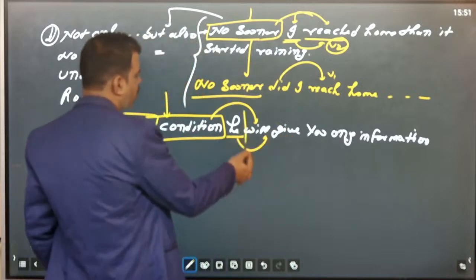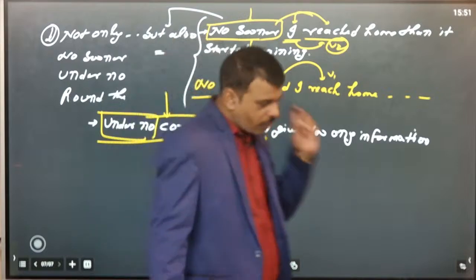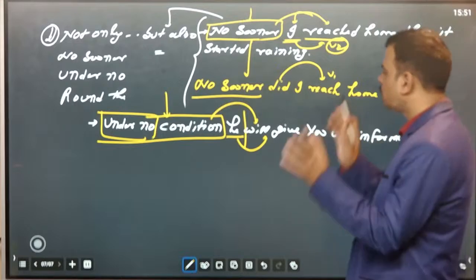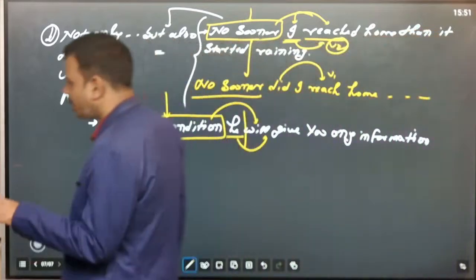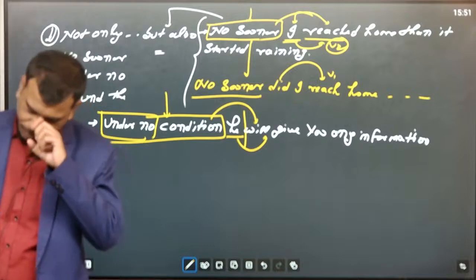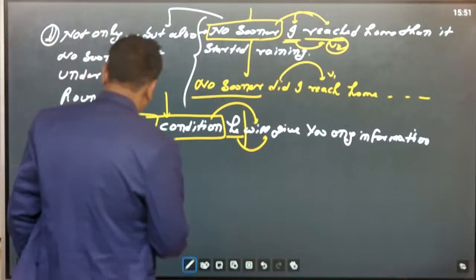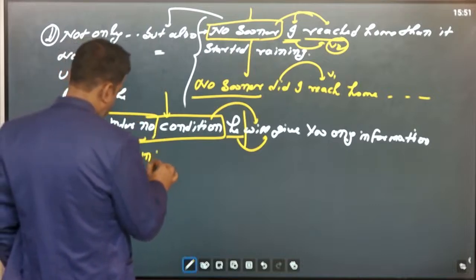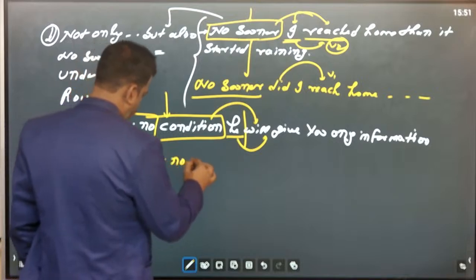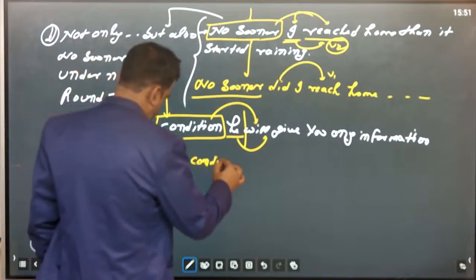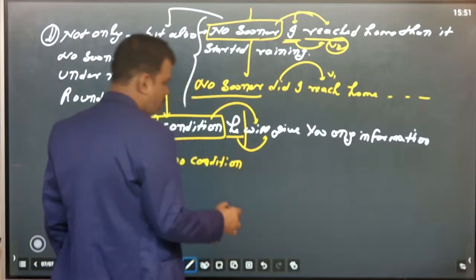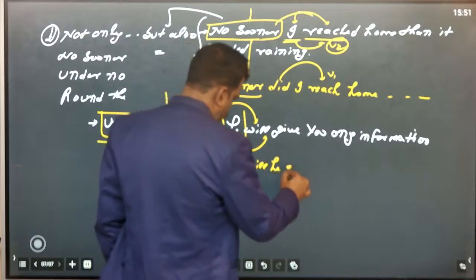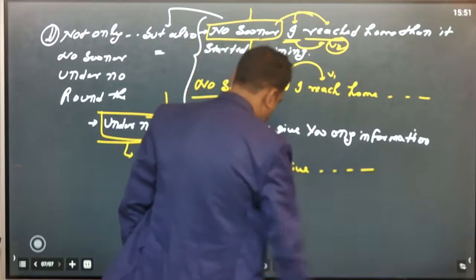So there is the double trouble with verb. I repeat, whenever we have the sense like double trouble with verb, in the case of double trouble we are always having an inversion sentence. Okay, so the condition will be like this. Under no condition, here the helping verb will be here. Will he give you any information?